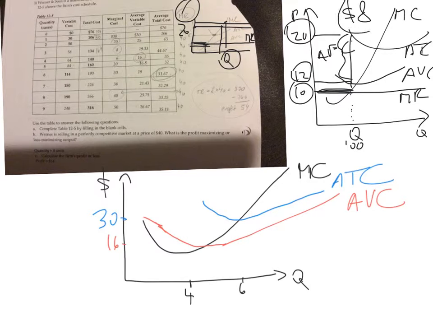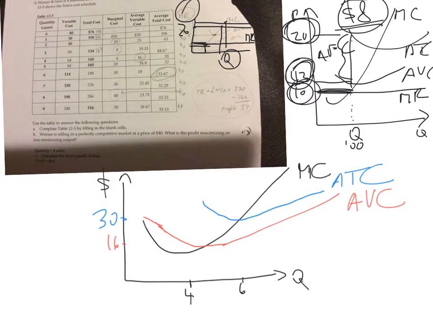I will still have to pay $8 worth of my fixed costs, but that's my negative profit. That's all I'm going to lose because I just saved the $12 of variable costs that I don't have to pay because I never produced them. So all I'm going to have to pay is the $8 of the fixed cost. And that's a much better outcome than producing, having a $20 cost and only a $10 revenue and being in the hole for $10. I'm better off shutting down.